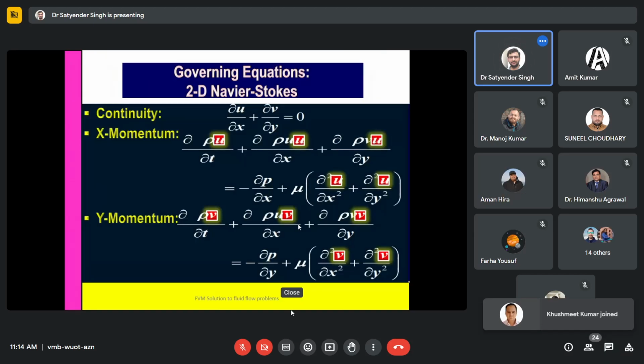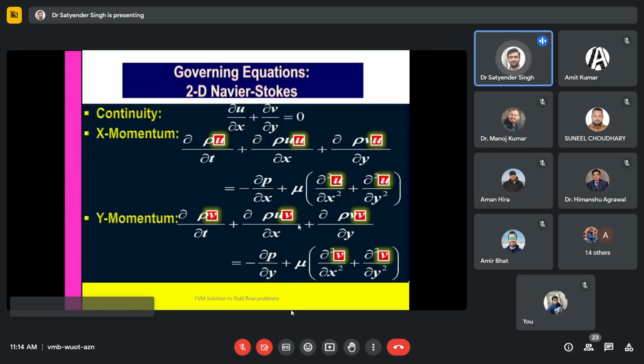So writing then for a particular control volume, or for a two-dimensional computational domain, it gives us this mathematical form, where everyone will be aware of this, and we generally call them governing equations, the 2D Navier-Stokes equations.